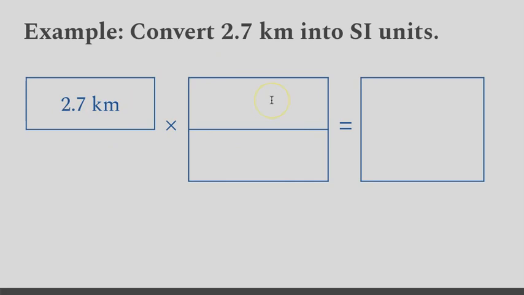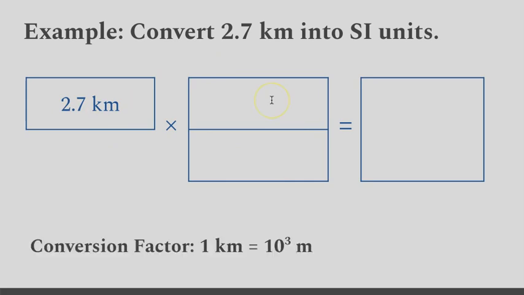I need the conversion factor between kilometers and meters, which we already have written down. 1 kilometer is equal to 10 to the 3 meters. So I put kilometers in the bottom of my fraction because I want to be able to cancel that out. And I put 10 to the 3 meters on the top because that's what I want to end up with.